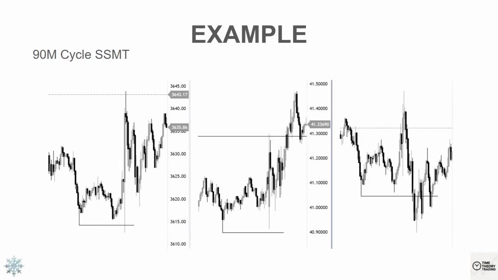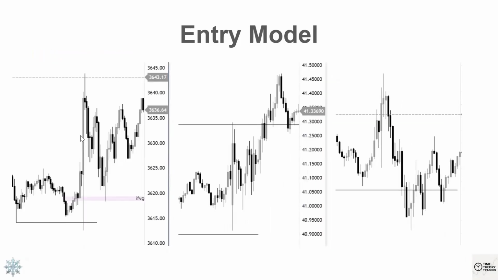All right, so we see the cracking correlation. So we have two stages of SMT. We have the daily cycle and we have a 90-minute cycle SSMT. Now for entry, using what was presented to us on that day, the inversion fair value gap was the ideal entry in this case.